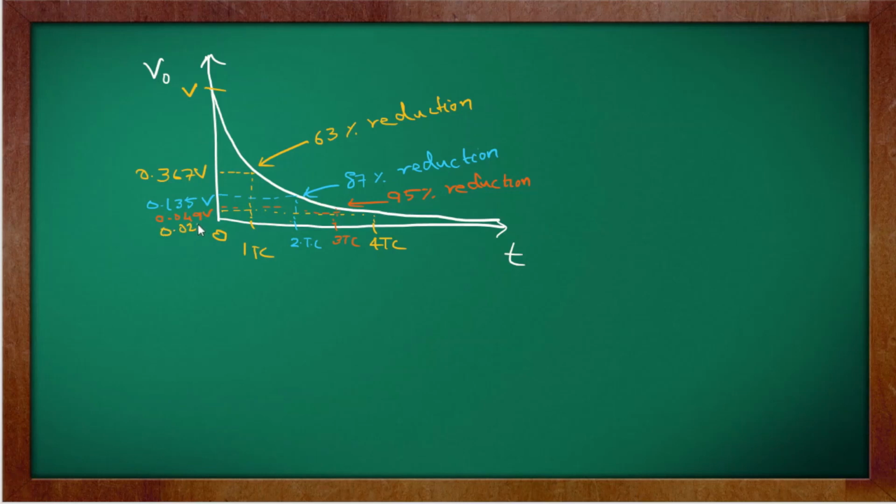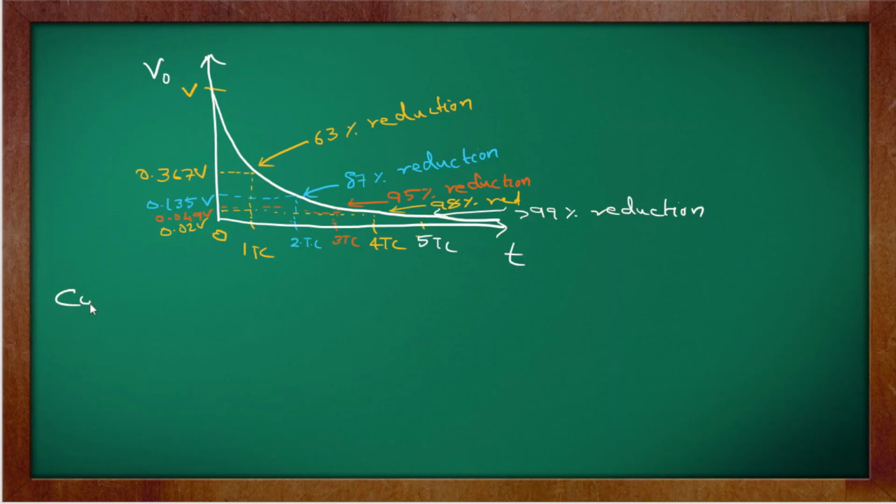So 0.02 V is almost 98% reduction. And in 5 time constant time, it is almost 0, right? Greater than 99% reduction. Okay, so that means we conclude that.